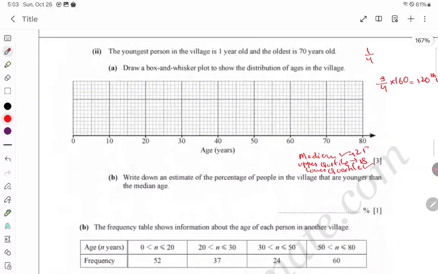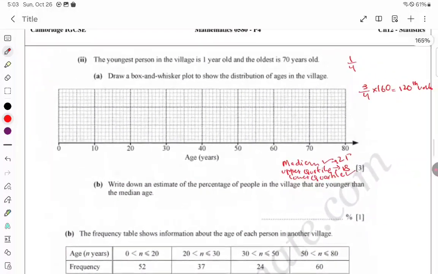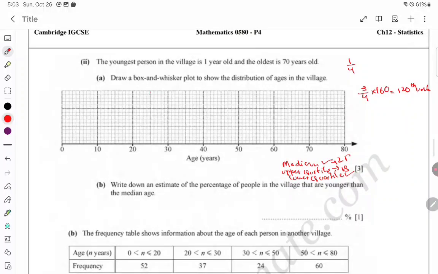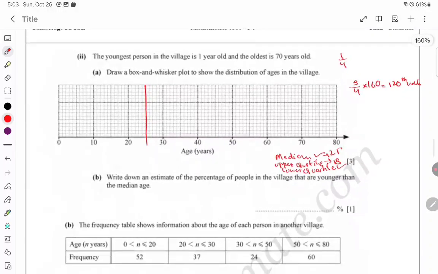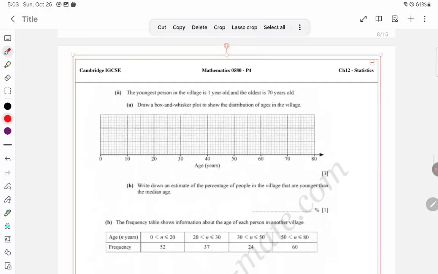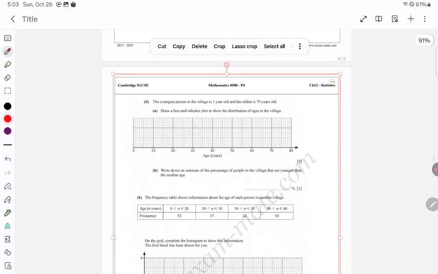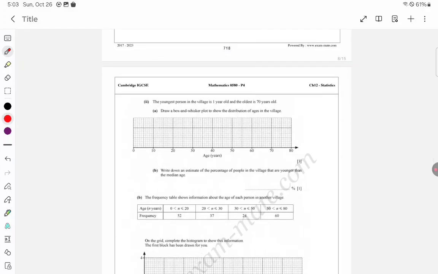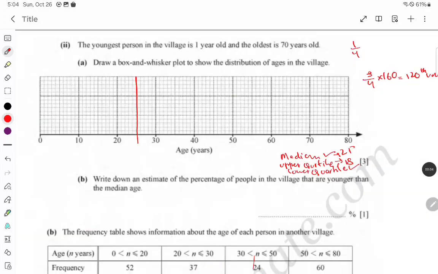Simply now draw our whisker box. Our median is 25. Mark a line. Now the oldest is 70, so the oldest age is 70 and the youngest age is 1.